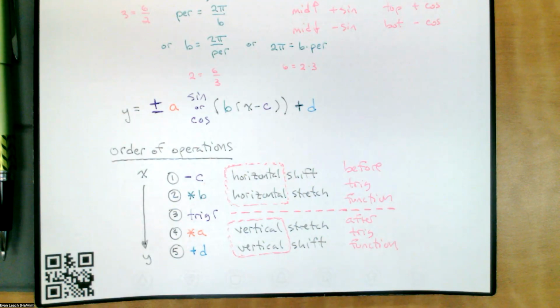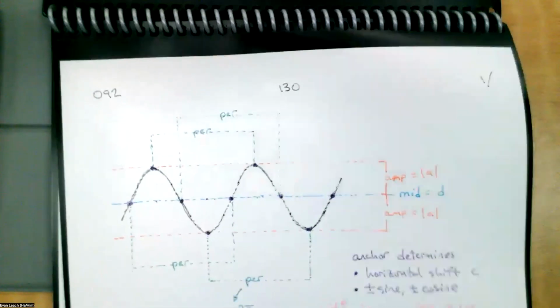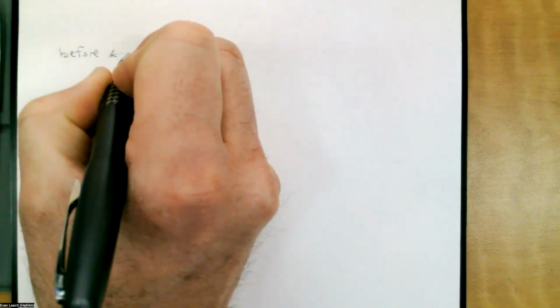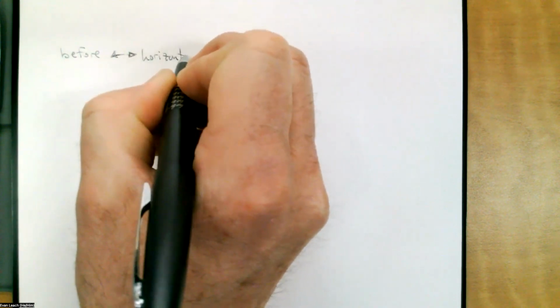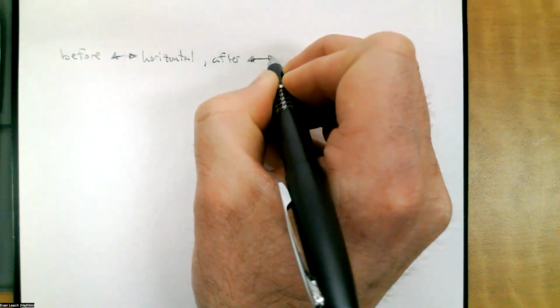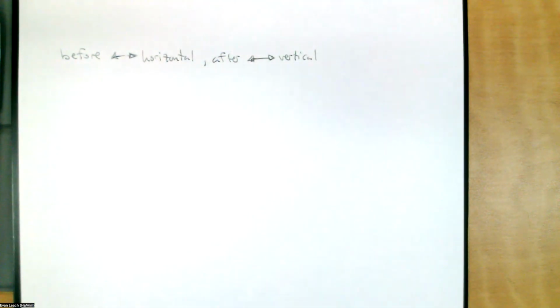But we can apply this to other kinds of functions. This before-horizontal, after-vertical idea also applies to other kinds of functions. It's just that the first time we encounter it is with trig functions.